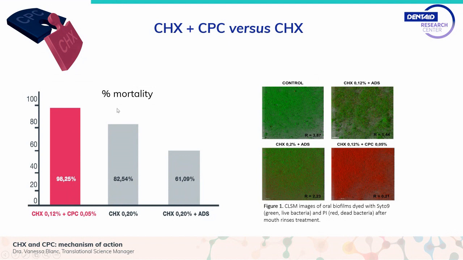And we calculate the percentage of mortality caused by treatments with chlorhexidine plus CPC, chlorhexidine 0.2%, and chlorhexidine 0.2% plus anti-discoloration system. It's an anti-staining system. 3 different formulations on the oral market.